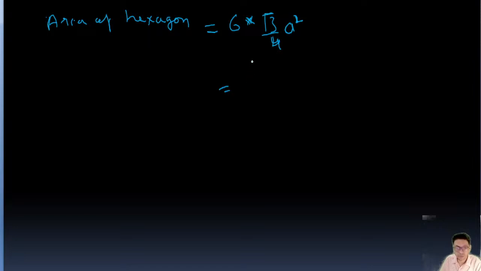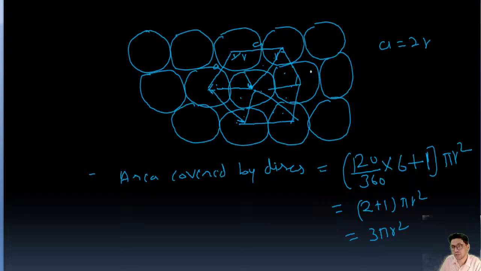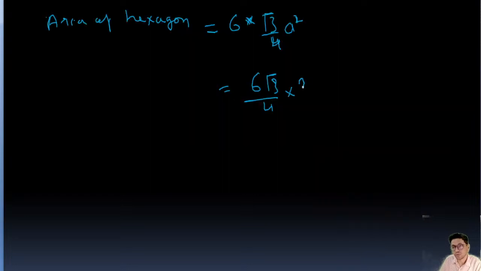We'll solve it. So this is going to be 6 root 3 by 4, and this a square, a equal to 2r. From here you can see a equal to 2r. So this is going to be 2r whole square, right? So this value is going to be 6 root 3 r square, because 4 will get cancelled.